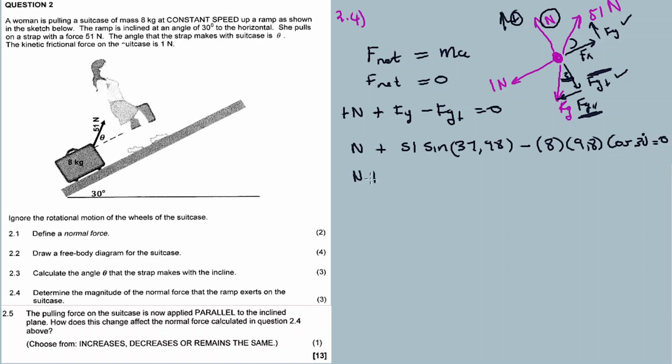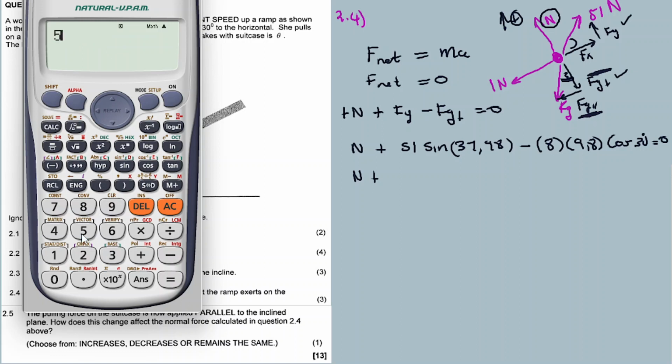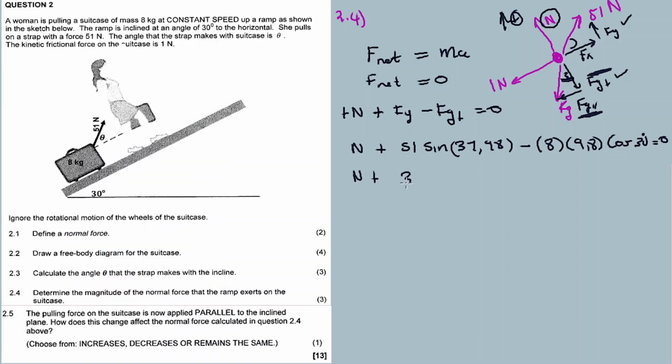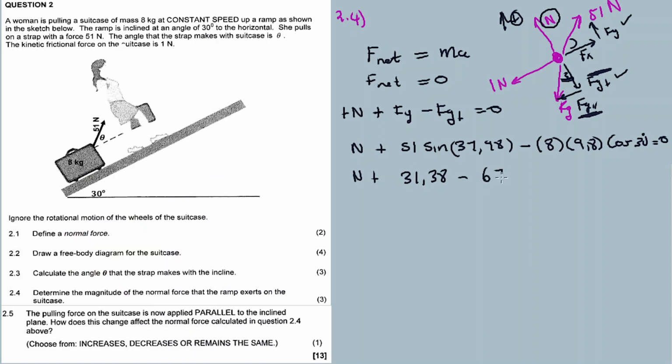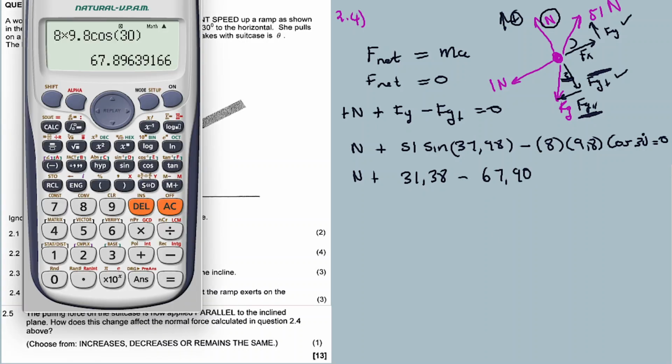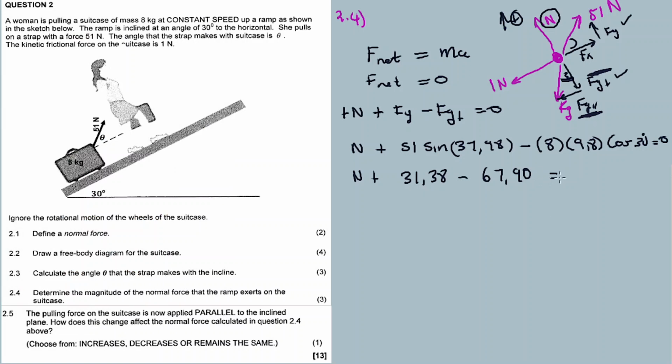So the normal force is plus 51 sine 37.98, which is 31.38, minus 8 times 9.8 cos 30 degrees, which is 67.90 in 2 decimal places, equal to 0.